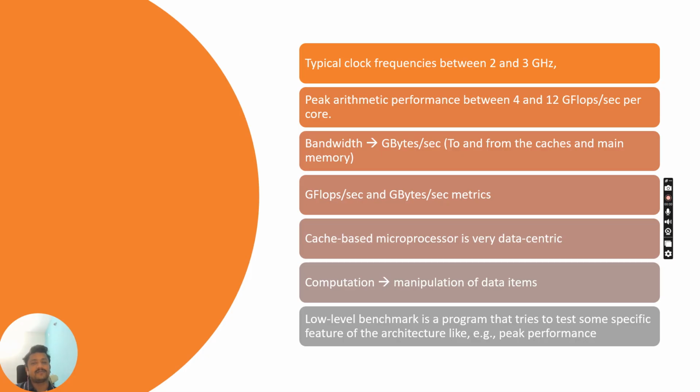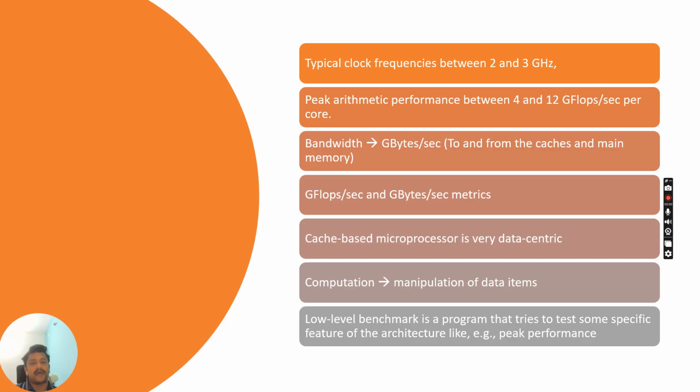And with respect to the clock cycle, we have peak arithmetic performance. The peak arithmetic performance will have a certain range between 4 and 12 gigaflops per second per core.